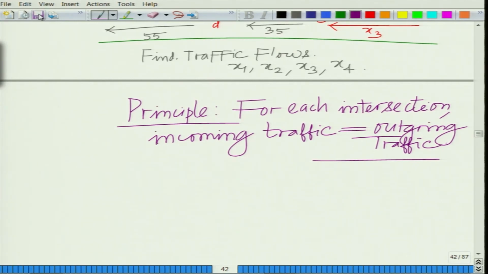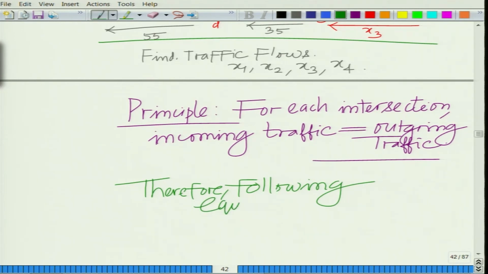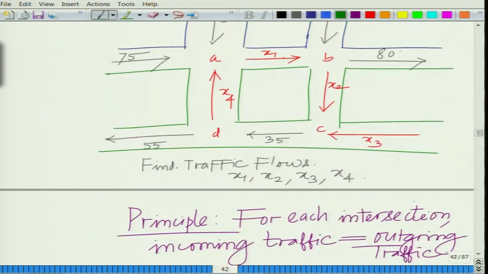Therefore, the following equations must hold.